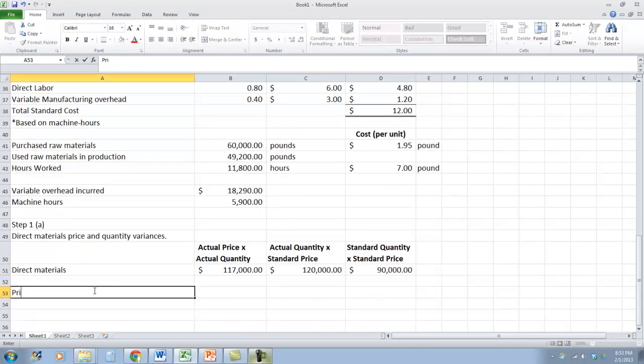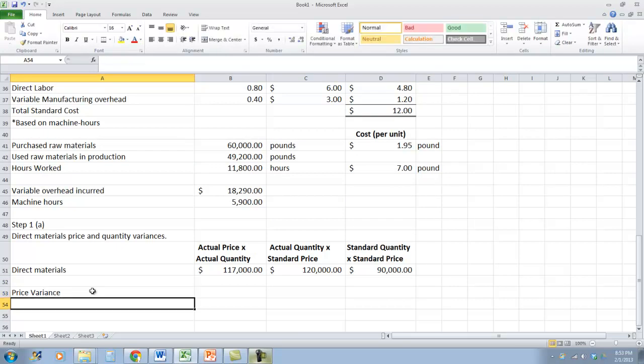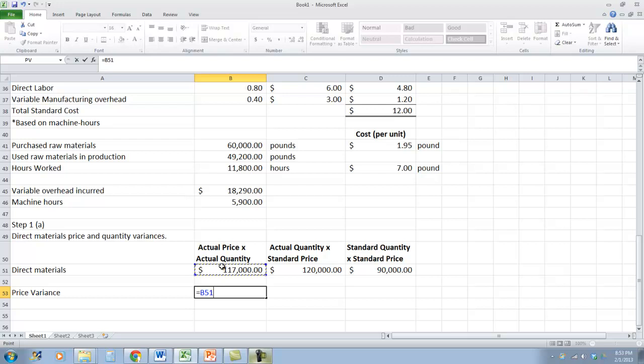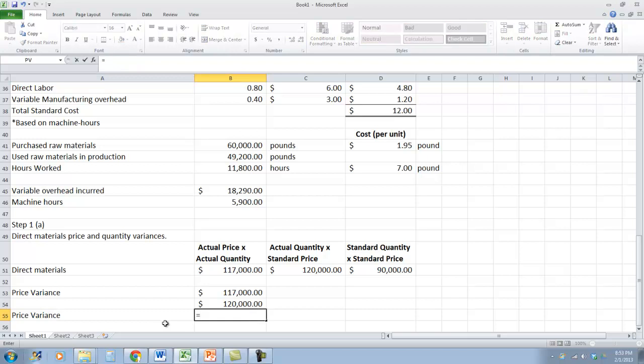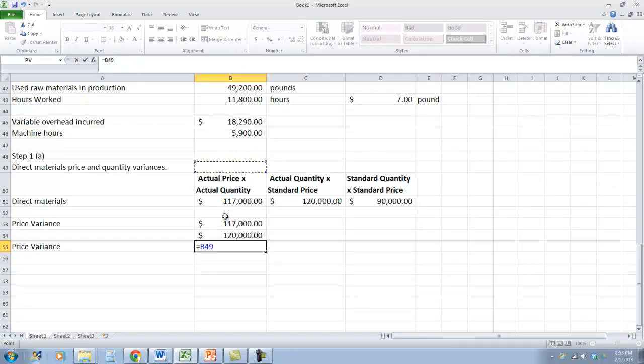So to calculate a price variance, we would take this column and then we would subtract our actual times our standard price. So this is our price variance, equals the 117 minus the 120.